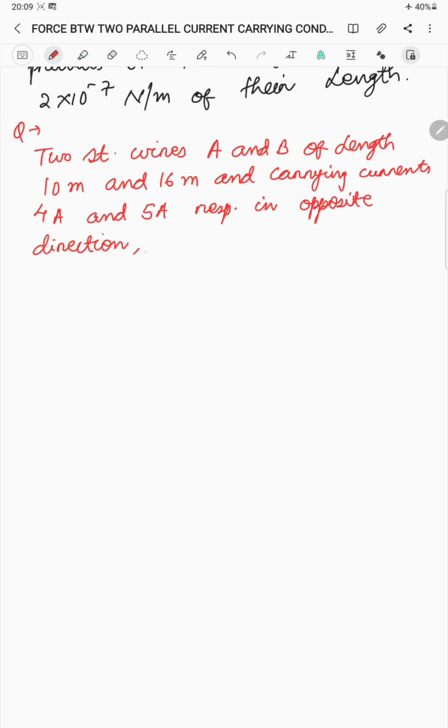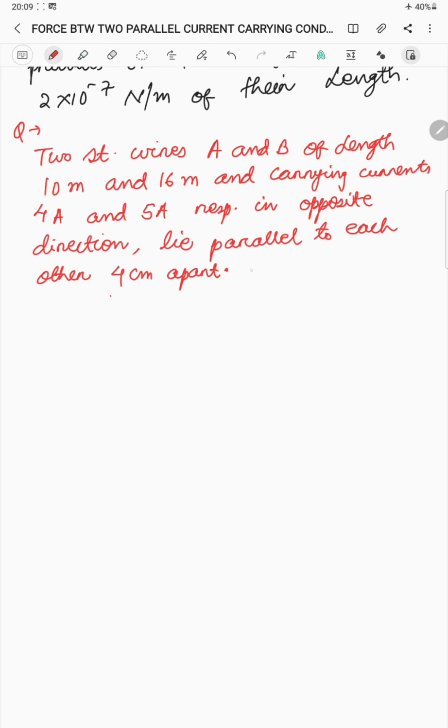Opposite direction, lie parallel to each other 4 centimeter apart.